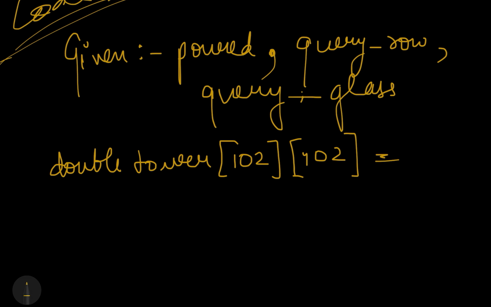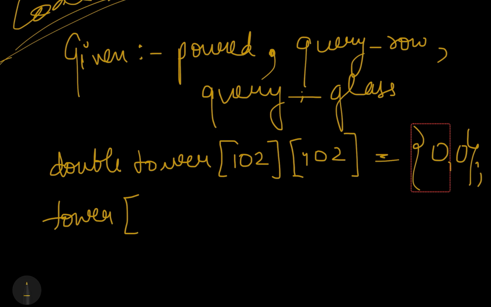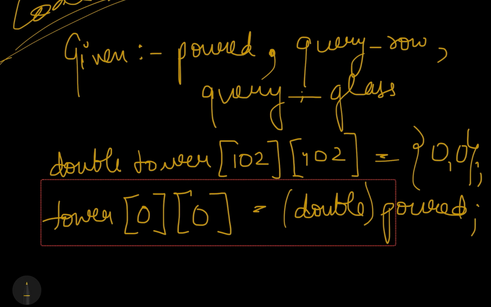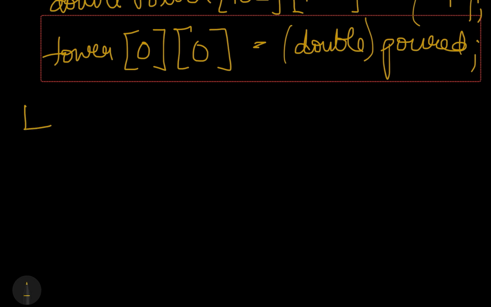Why 102? Because the maximum number of rows is 100. Initially we'll keep it at 0, and the first glass will have the poured champagne, because all the champagne will be poured into the first glass only.